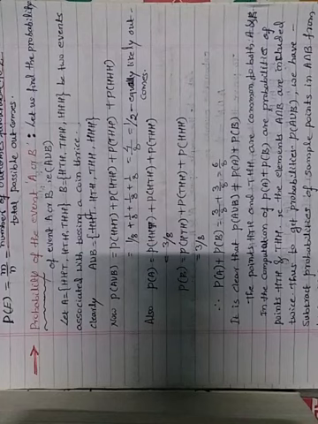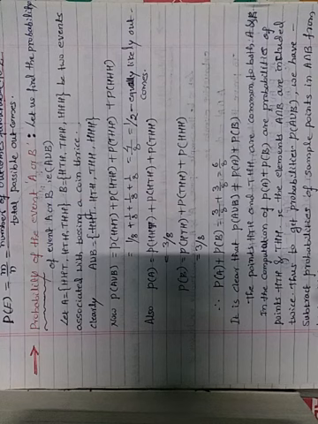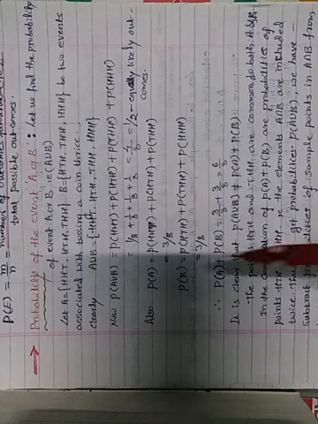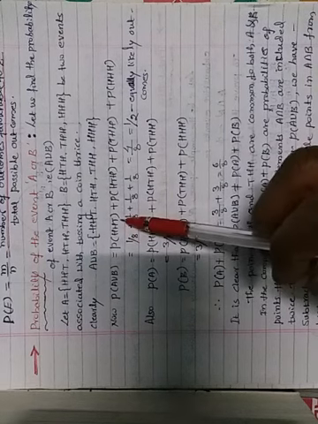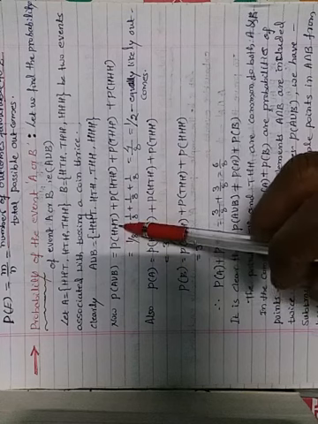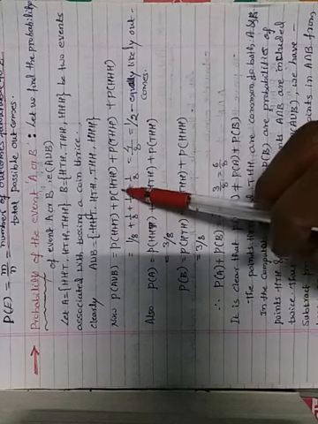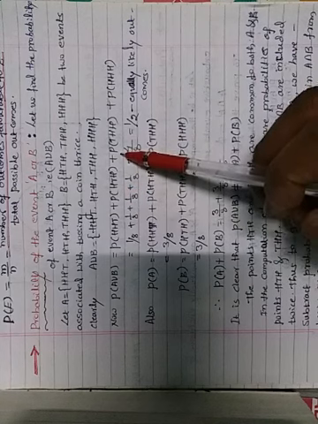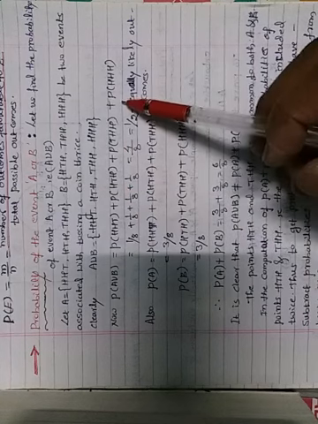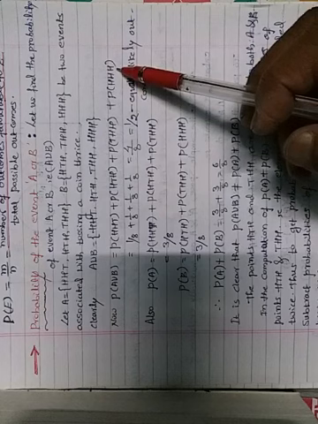Next, the probability of A union B for the above set is denoted P of HHT. Individually we have to find the probability of each outcome plus P of HTH plus P of THH plus P of HHH.